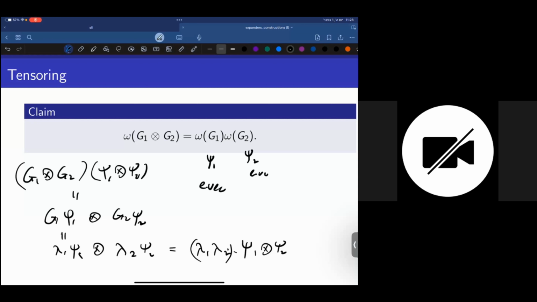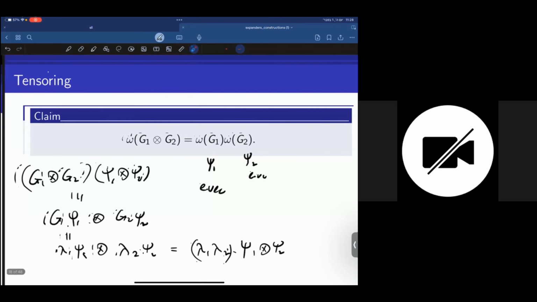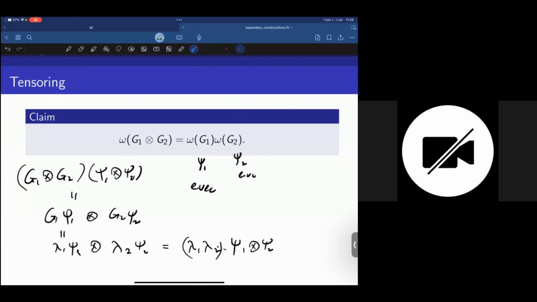Omega is the second largest in absolute value of the eigenvalues. Oh, it's the max.